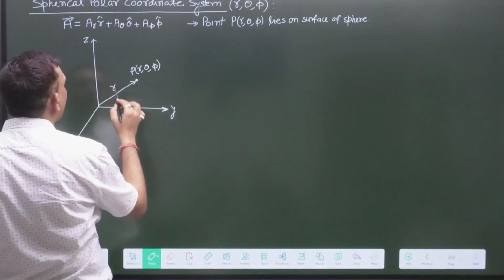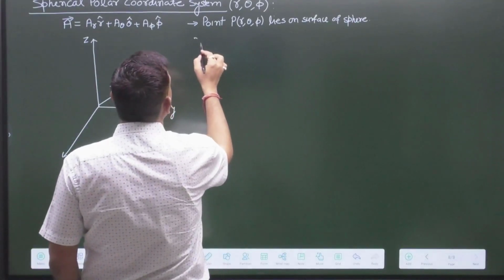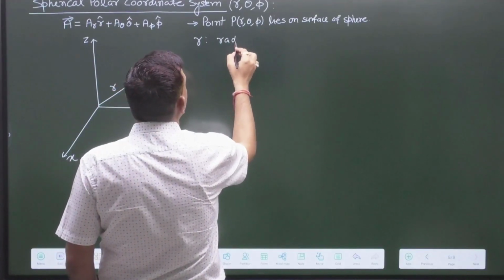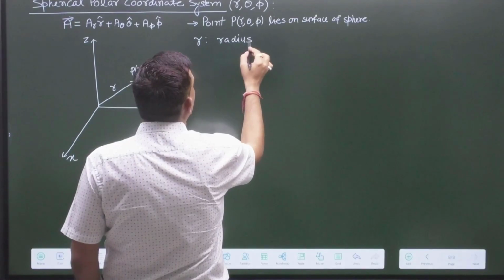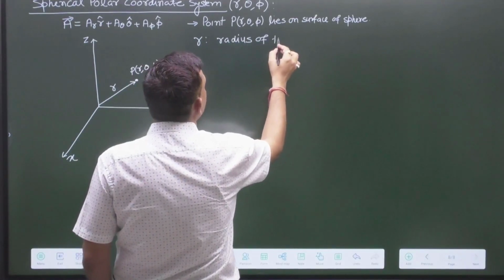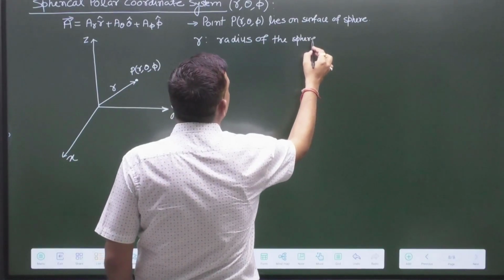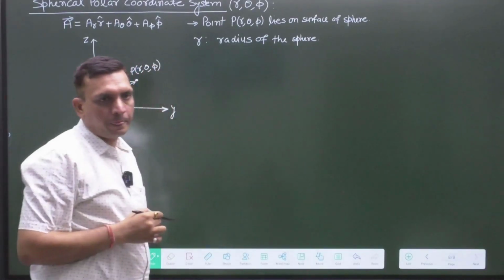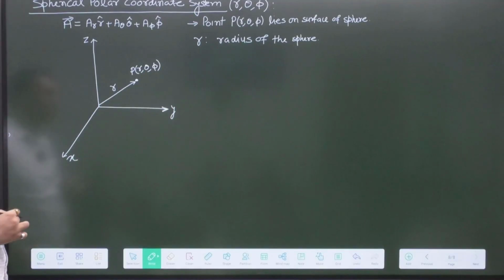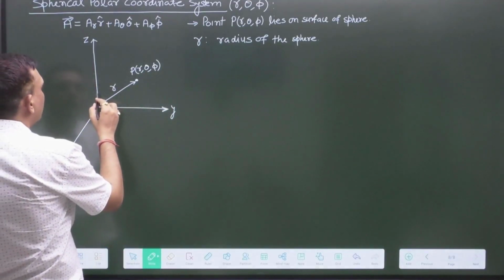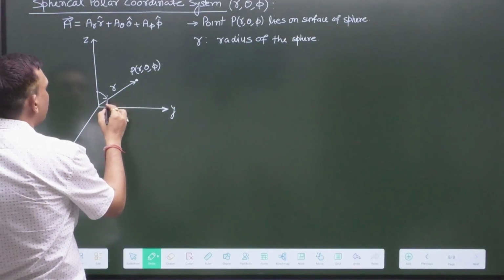Where r is the radius of that sphere. Theta is this angle.